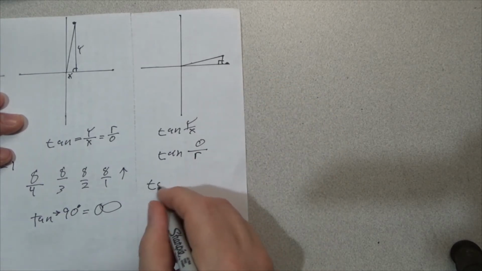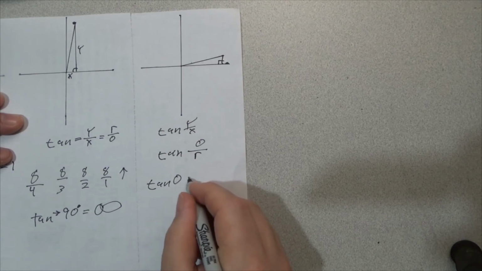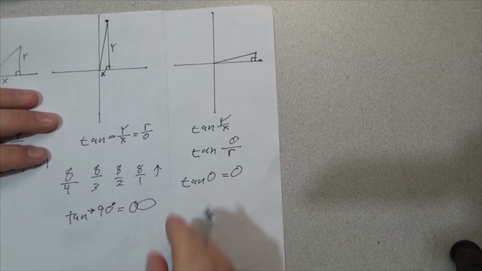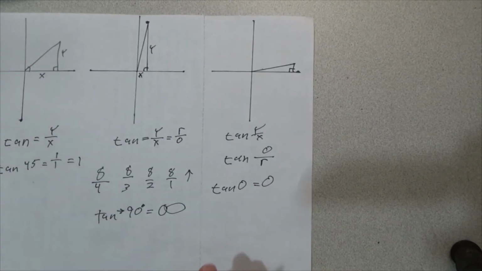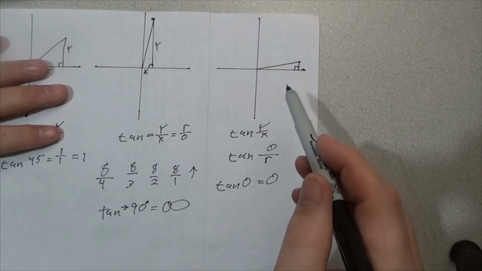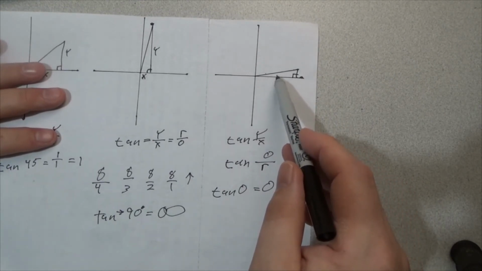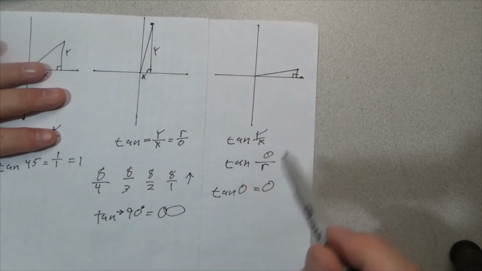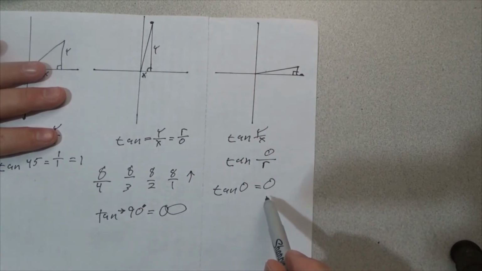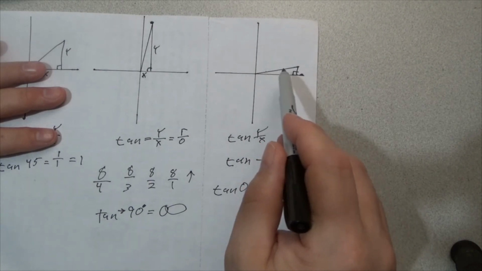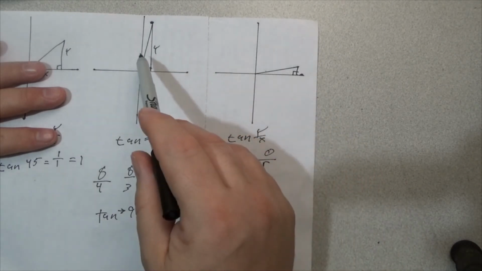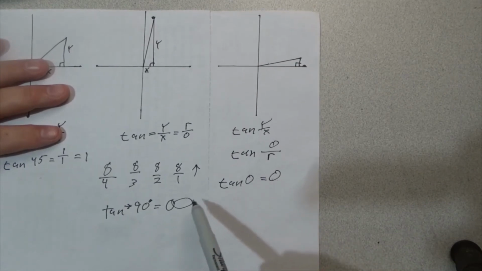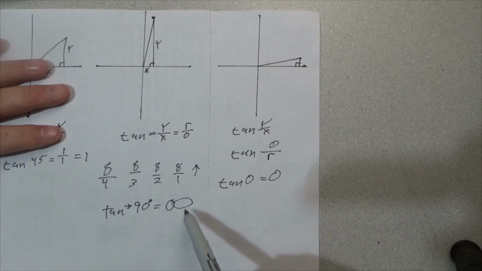So the tangent of 0 degrees is equal to 0 over r, which is going to be 0. So we can say it like this: as the angle goes from 0 to 90, tangent goes from 0 to infinity. All right?